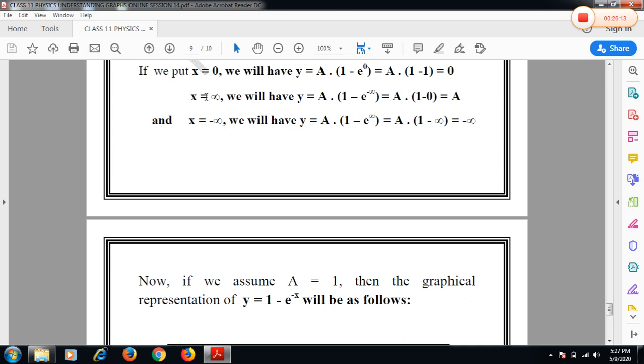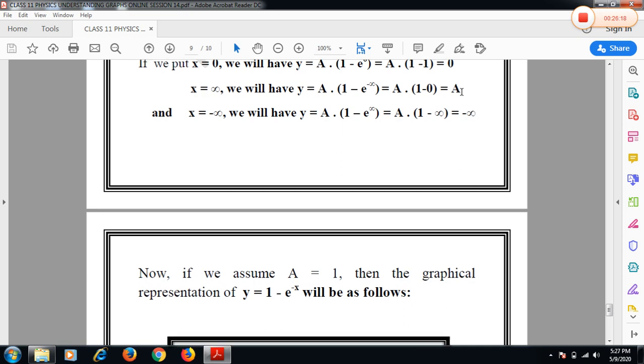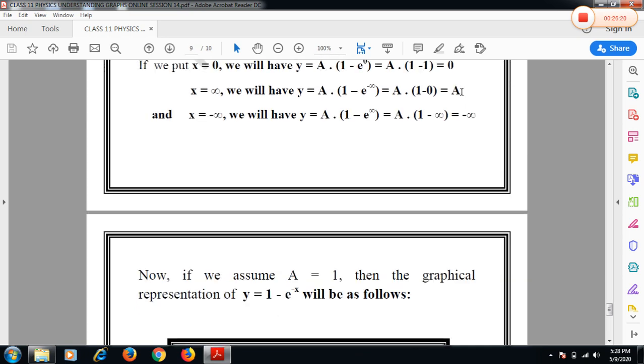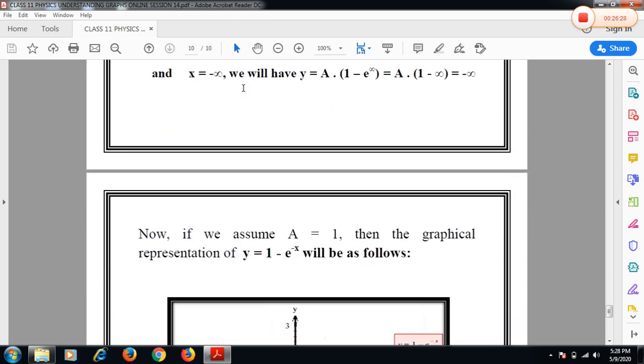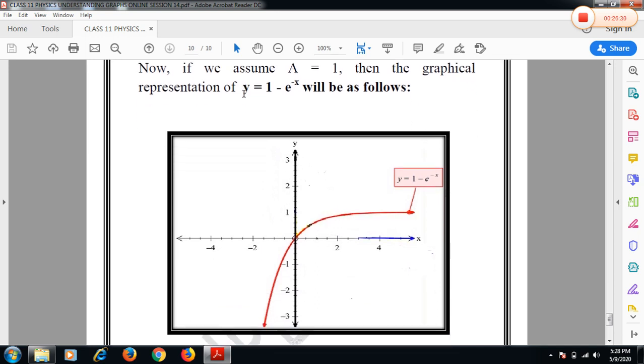At x equals infinity, the graph will be merging with a. What is a? It is the constant coefficient of this equation. Remember that. Here in this graph we have a equals 1, so at x equals infinity, the graph will be merging with y equals 1.